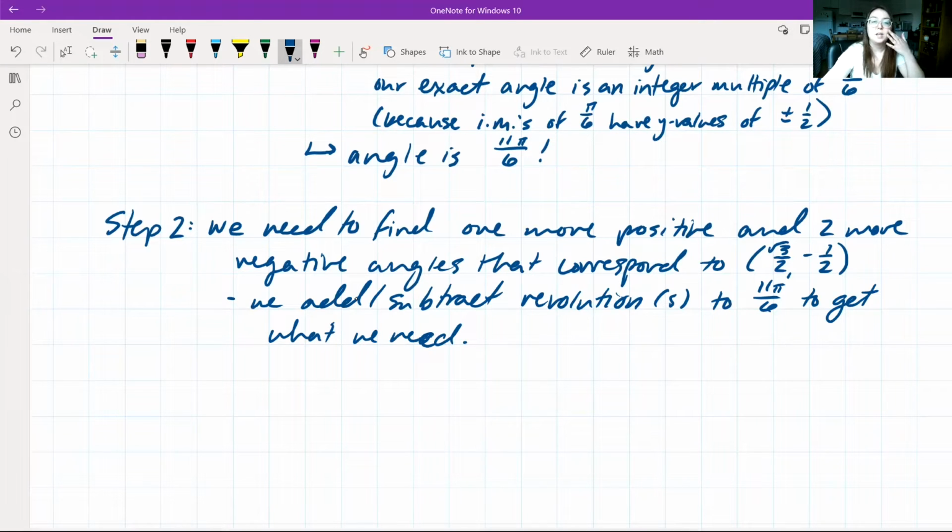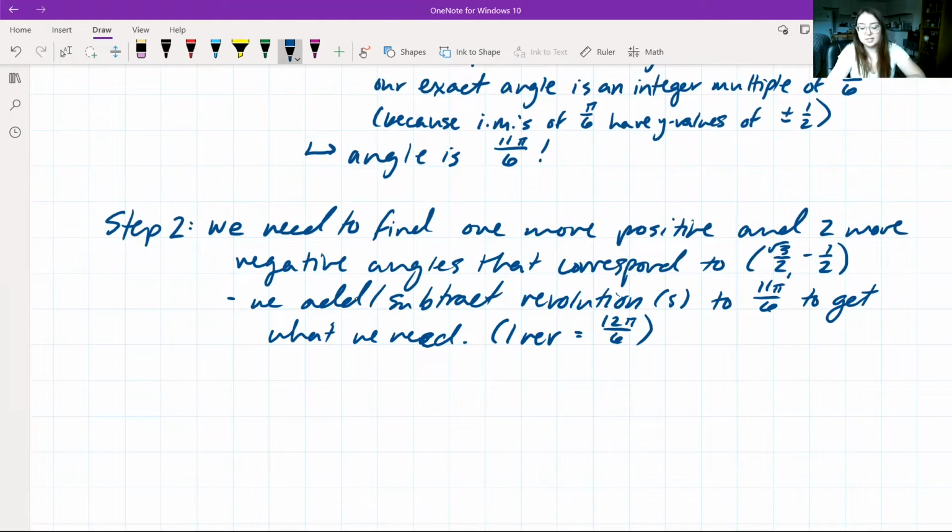Our revolutions in this case are 2 pi. Since our denominator for 11 pi over 6 is 6, one revolution is going to be 12 pi over 6. So we're adding or subtracting 12 pi over 6 from 11 pi over 6 to get our new angle measurements.